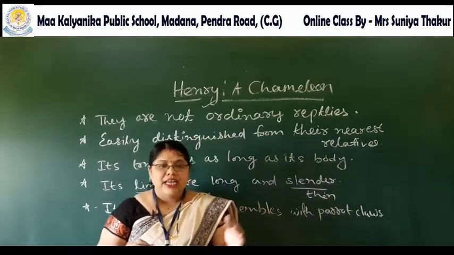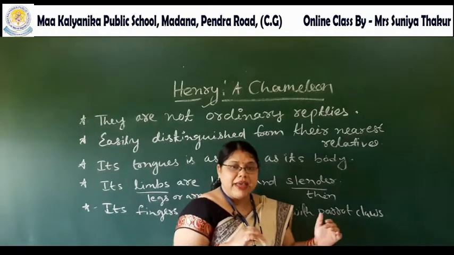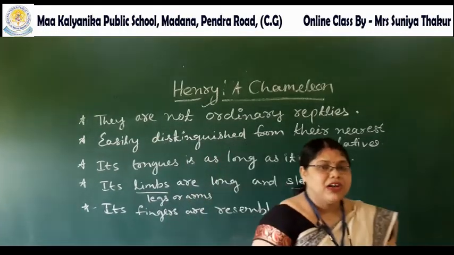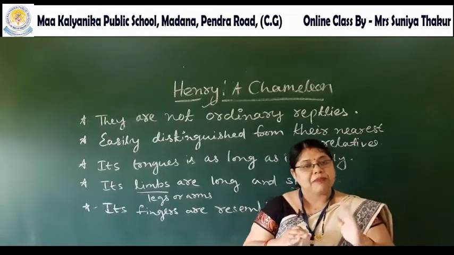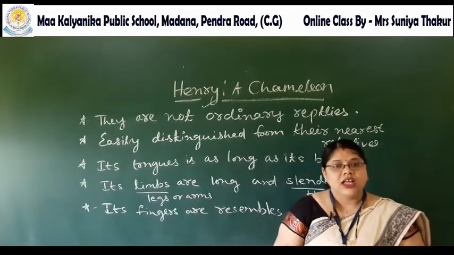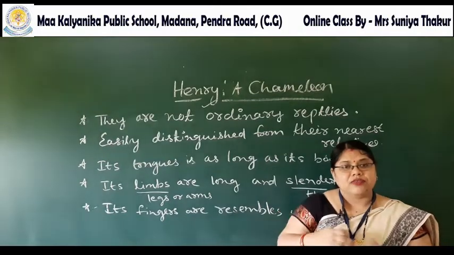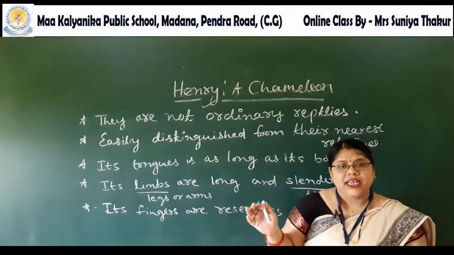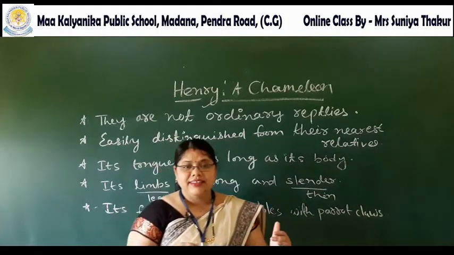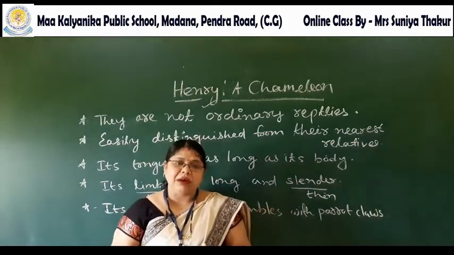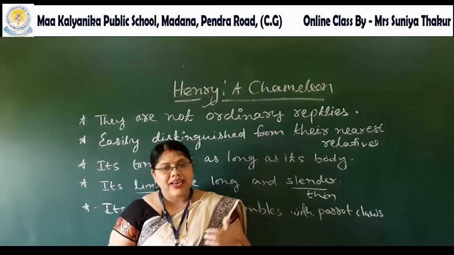You know that Ruskin Bond's family had many orchards. One of the orchards was a papaya orchard, and the chameleon was roaming all day in the papaya orchard. At that time the papayas had not started ripening. After some time papayas started ripening.